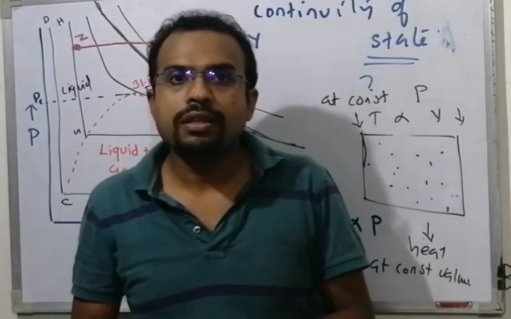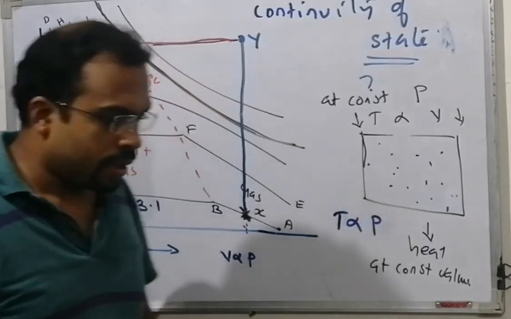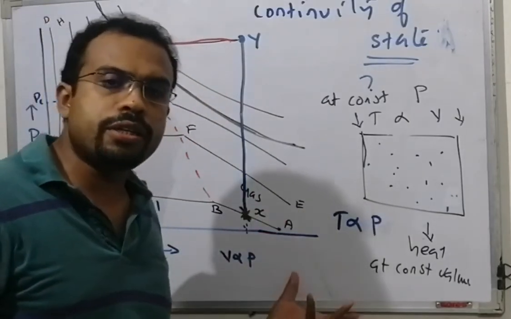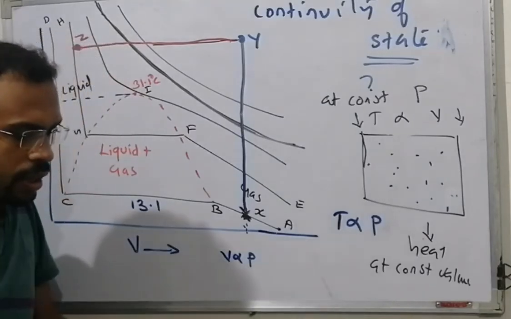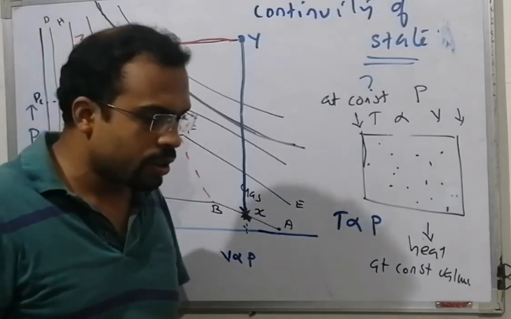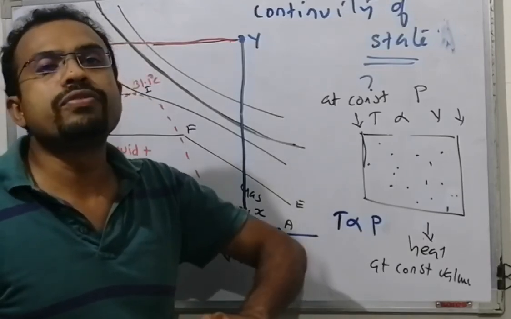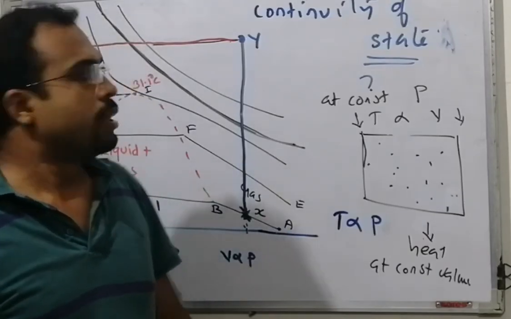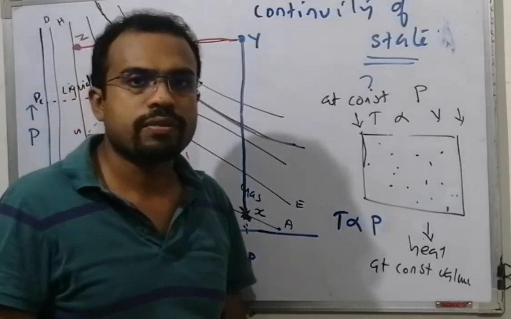This is called the continuity of state. Continuity of state says that there is transformation of gas directly into liquid without going through the intermediate gaseous-liquid state. This is possible, as I mentioned through the graph.